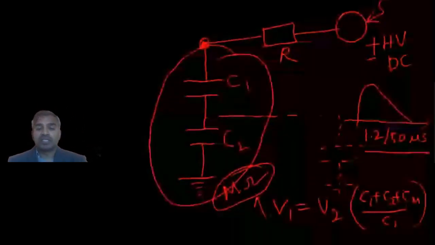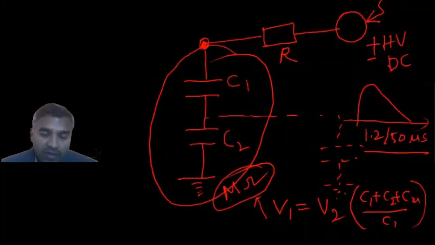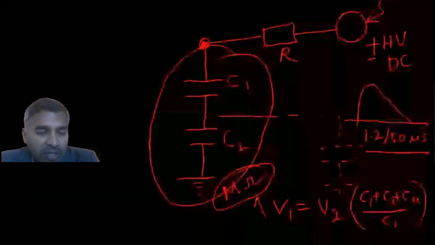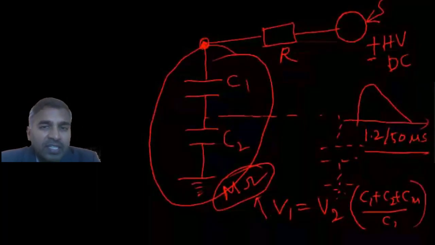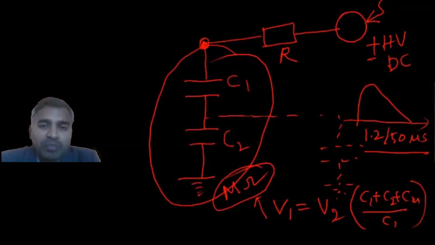Of course, in the impulse case, what has to be taken care of when we connect it through a measuring cable? Impulse is a single shot, right? Once it is applied, at that instant itself we have to measure, unlike DC and AC, where the voltage waveform is continuously available. There, when the measuring cable is connected, it reflects and then settles down to a value based on its impedance.